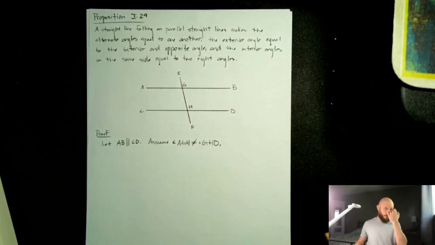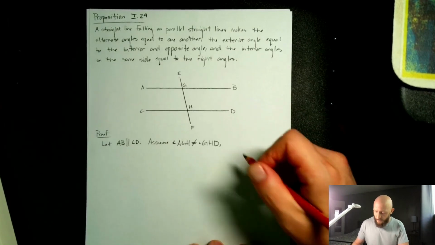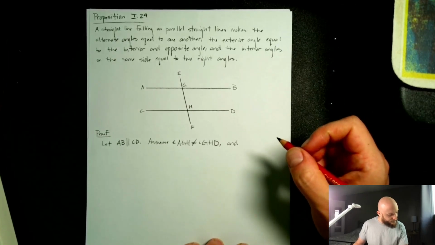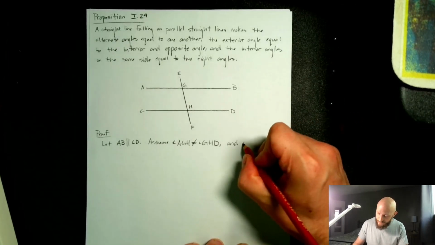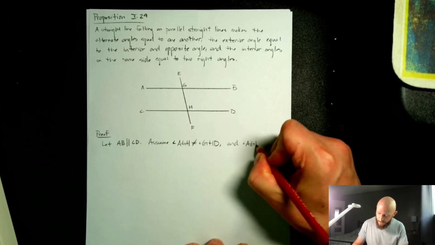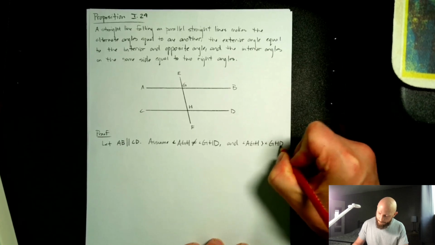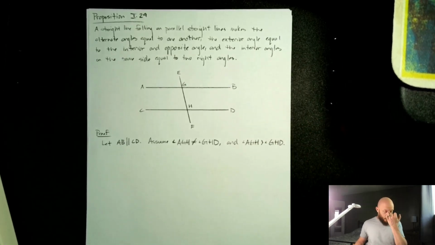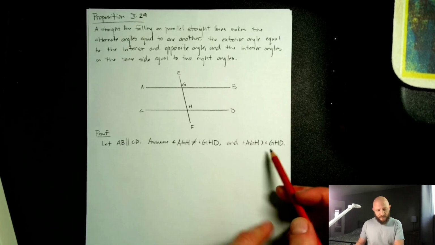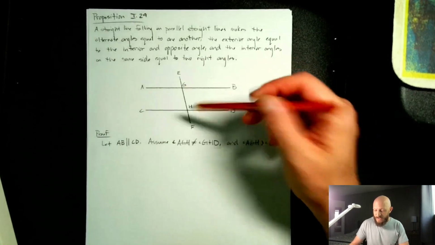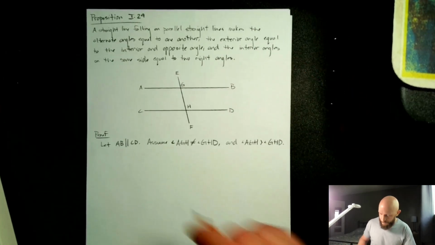Well, if they're not equal, then one of them is larger. So we'll assume that AGH is larger. All right, well, from this inequality, let's add angle BGH to both sides.